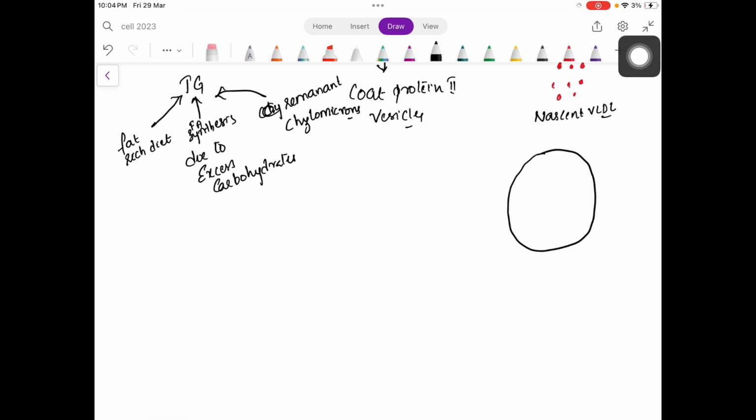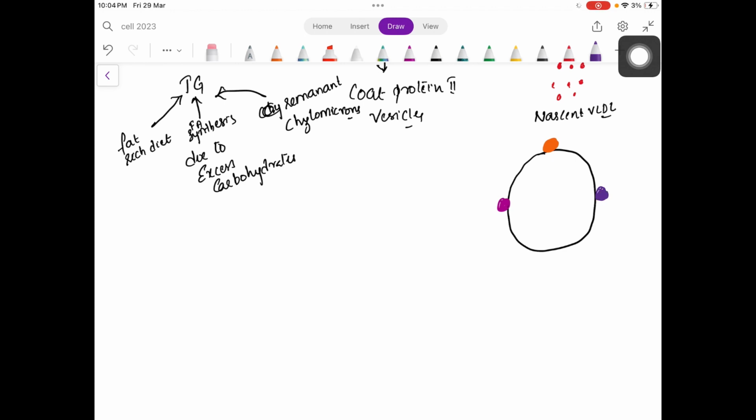Okay, these VLDL molecules will have different apolipoproteins. So one is ApoB100, they will have ApoC and ApoE.